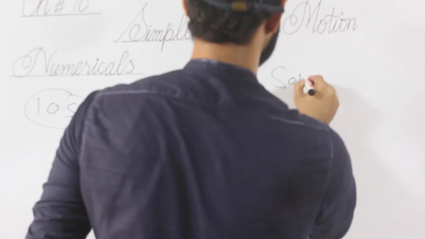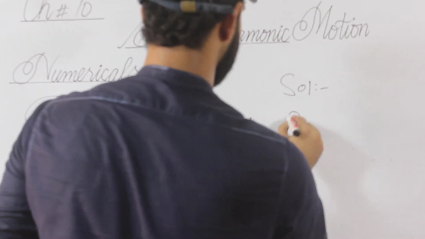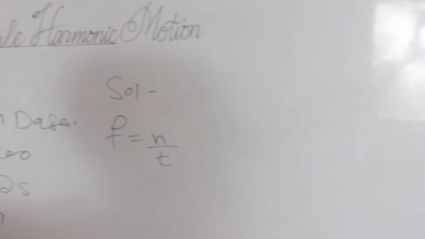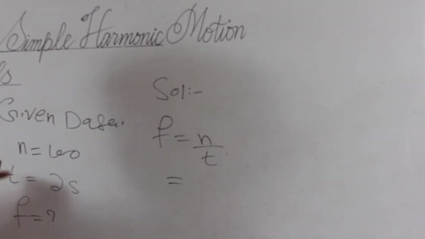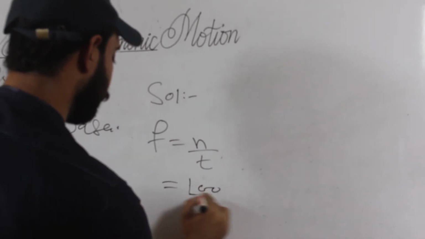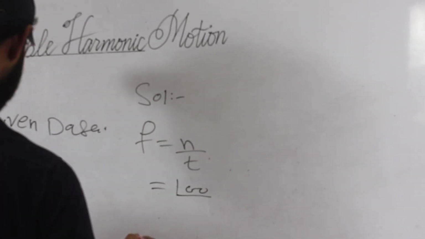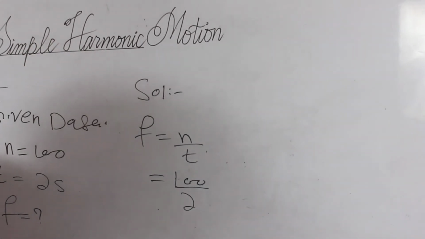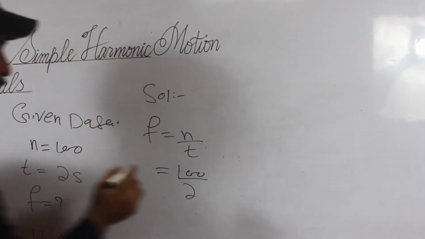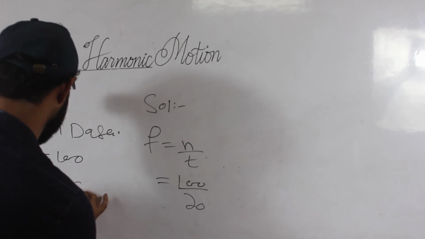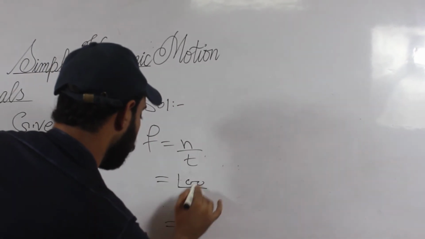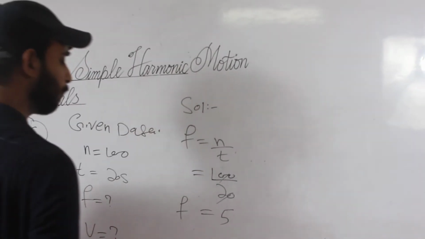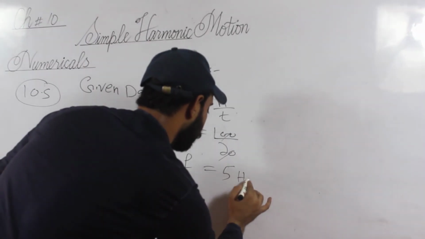For frequency, the formula we have is f is equal to n over t. Put the values here. 100 divided by t, which is here 20. This will get 5. So the SI unit of the frequency is the hertz.